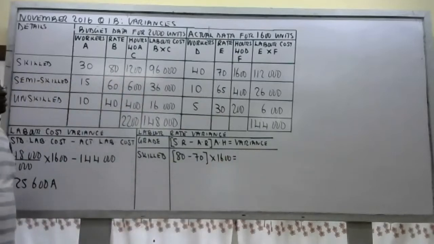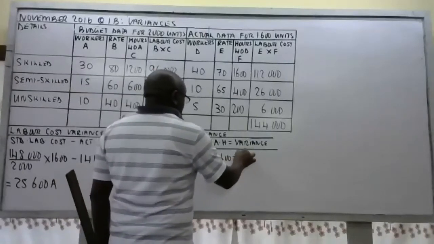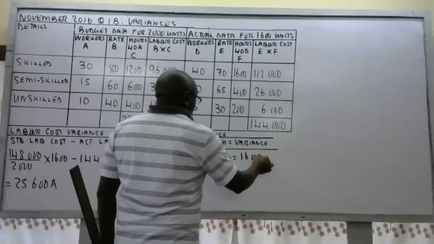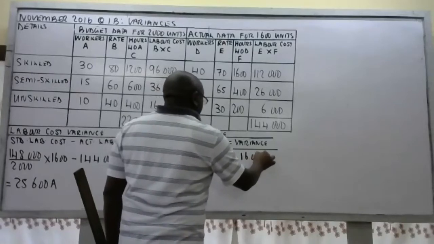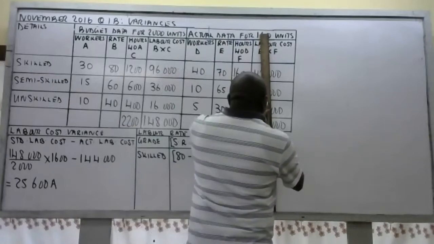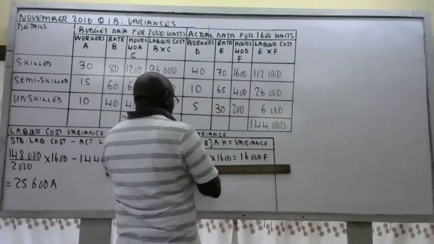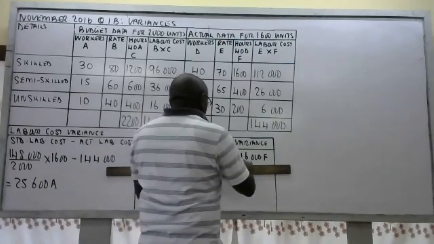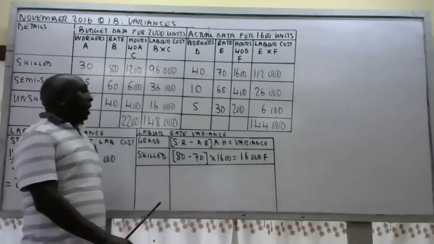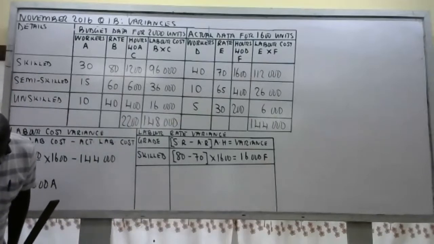So that gives us 16,000, which is favorable. It is favorable because the rate was smaller. We paid a lower rate.